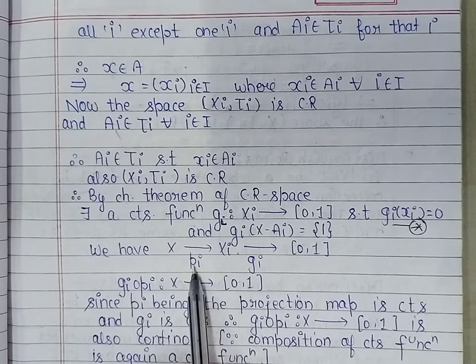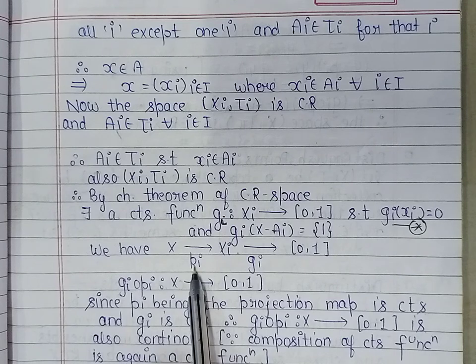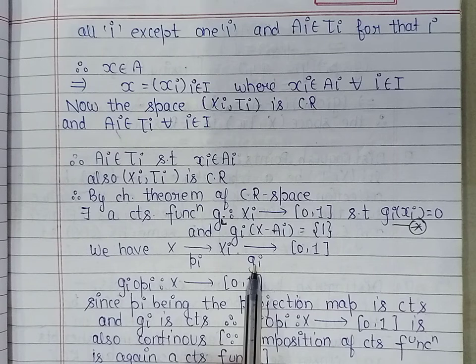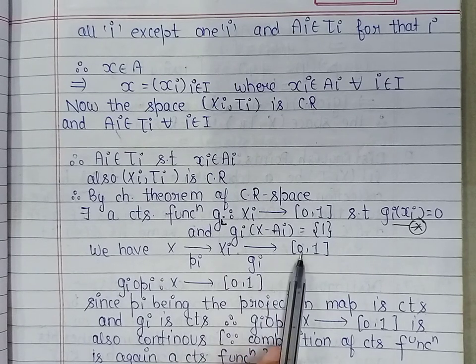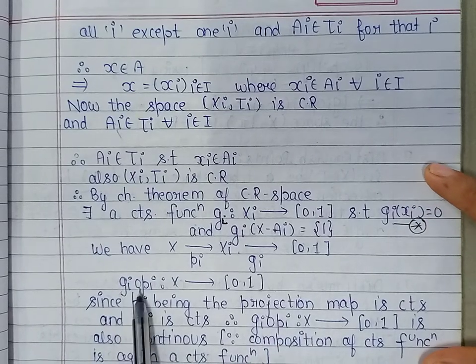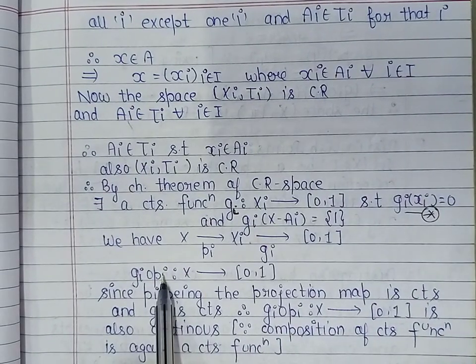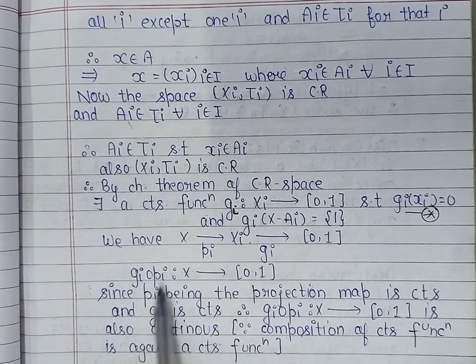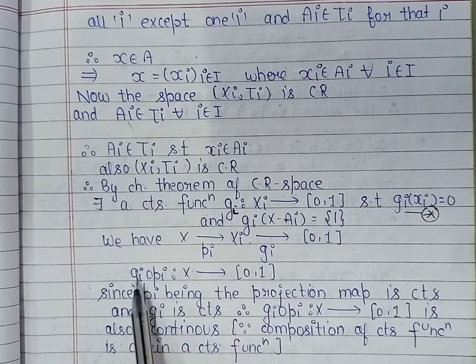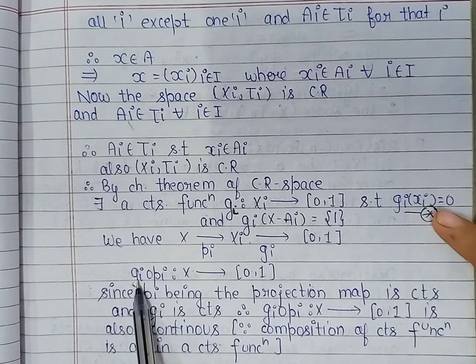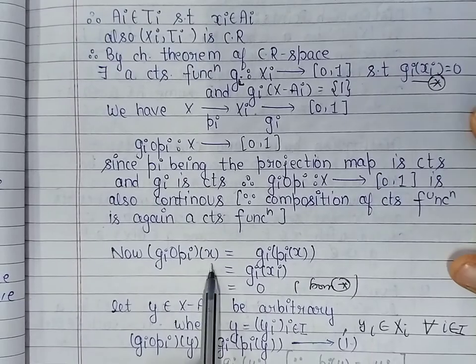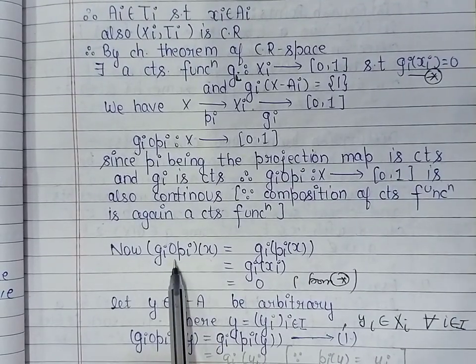Now pi is the ith projection map from X into Xi, and gi is a mapping from Xi into the closed interval [0, 1]. So their composition gi of pi will be a mapping from X into the closed interval [0, 1], and this mapping will be continuous also because it is a composition of two continuous mappings. So this is continuous.